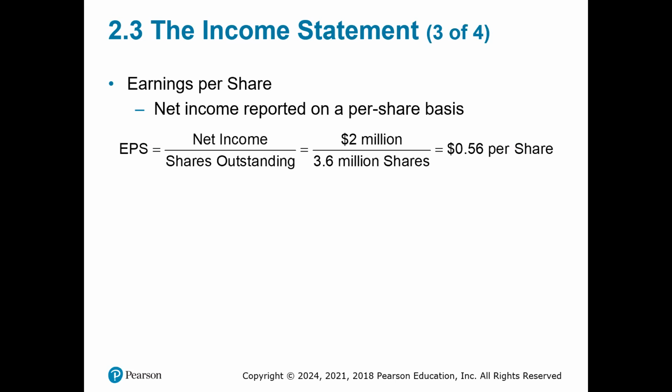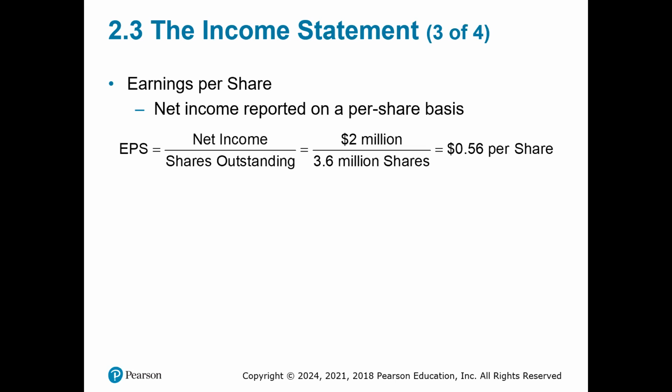So the earning per share, or EPS, is a crucial financial metric that gauges a company's profitability on a per share basis. It is calculated by dividing the company's net income attributable to common shareholders by the average number of outstanding shares during a specific period.